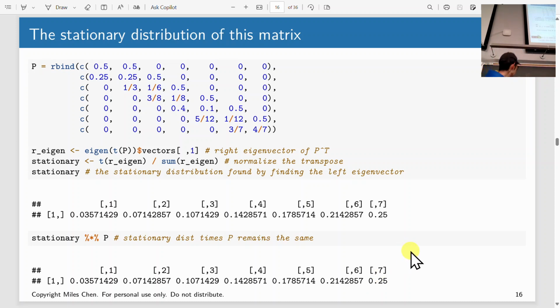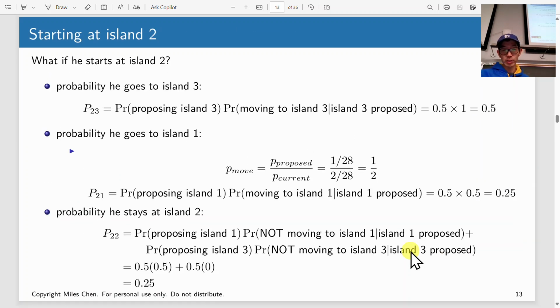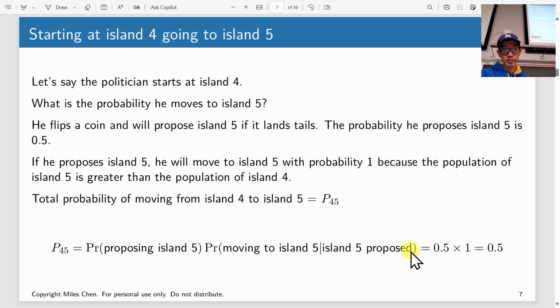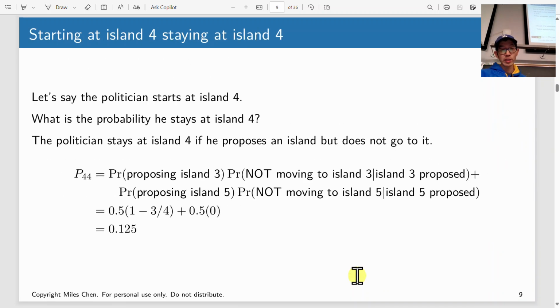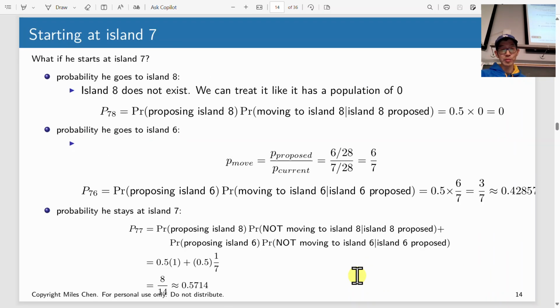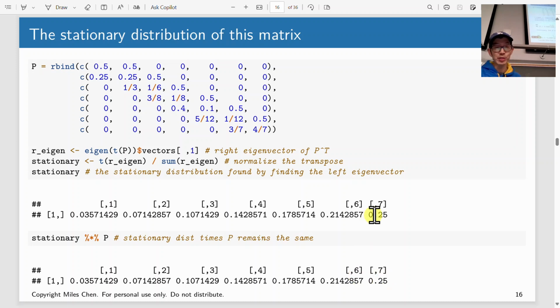And then the other thing is, we can compare this to our target distribution. Our target distribution is this, 1/28, 2/28, up to 7/28, okay? I don't know the decimal values off the top of my head, but 7/28 is 1/4, and we have a 0.25 there, so that's good. And then this should be 1/28, 2/28, 3/28, 4/28, 5/28, and 6/28.